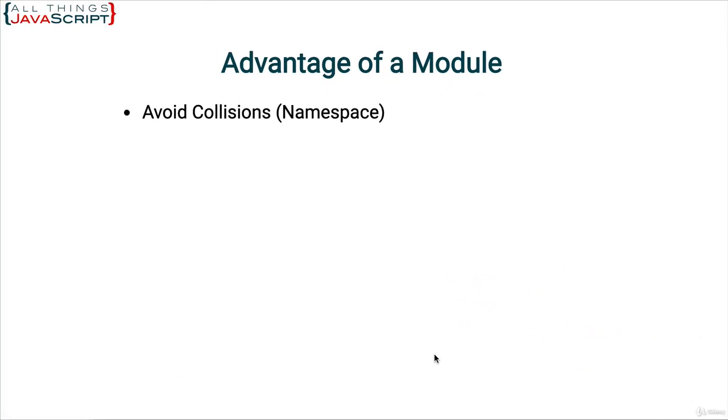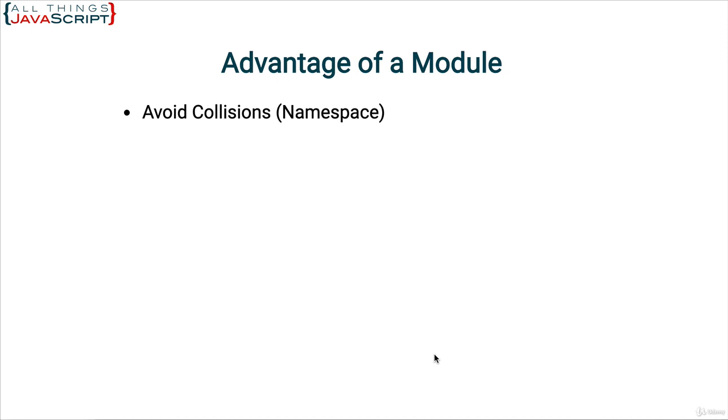So first off, I mentioned a module avoids collisions. This is referred to as namespacing. Now in JavaScript, global variables are available all over and can be written by other code or by people working on the same project.